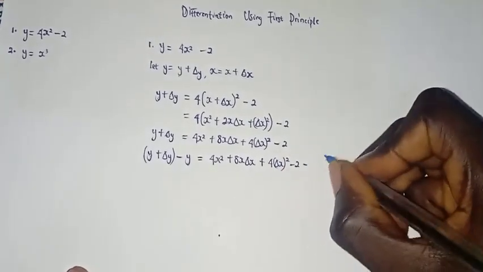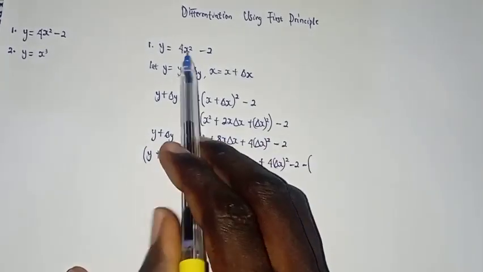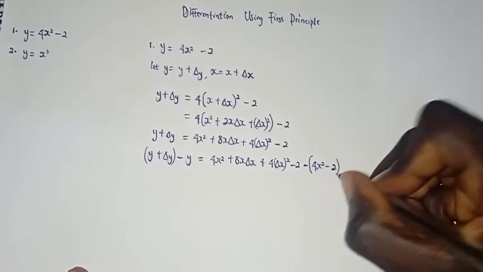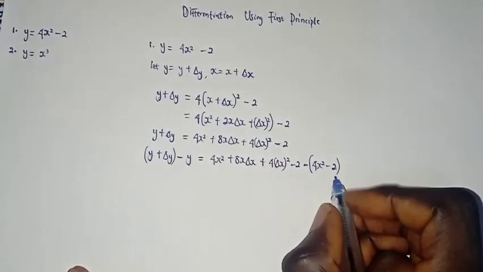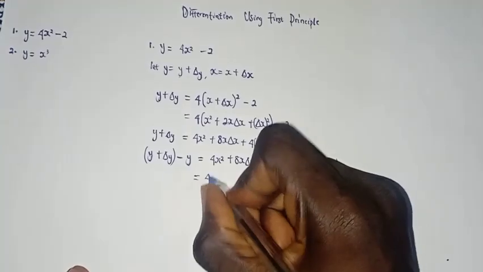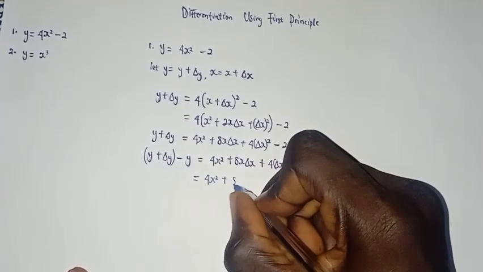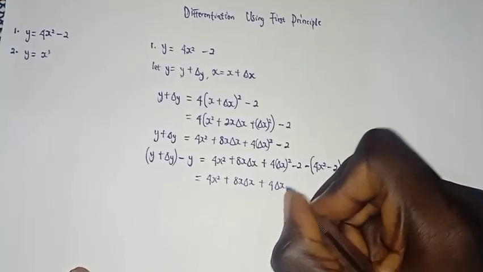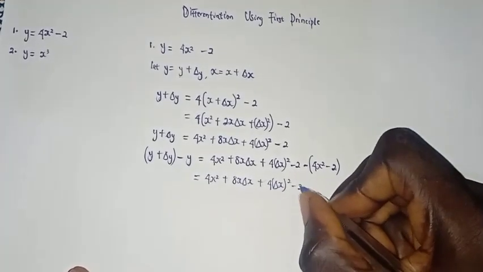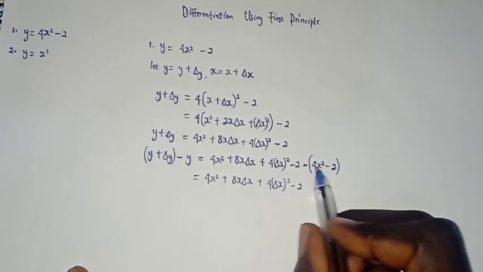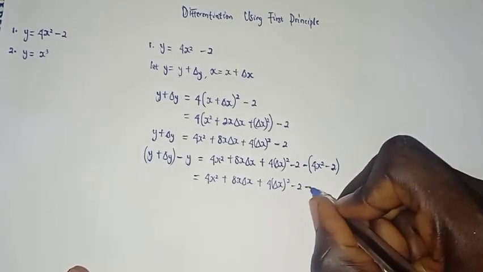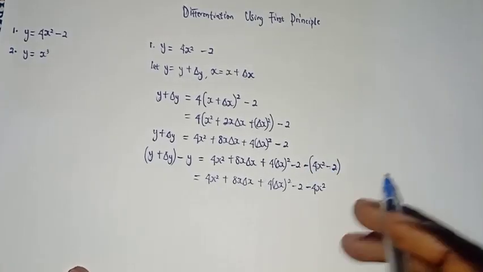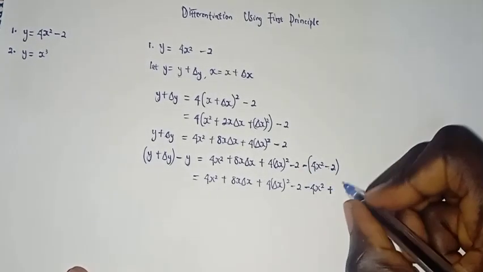And then minus y, which is 4x squared minus 2. And then if we open this bracket, this becomes 4x squared plus 8x delta x plus 4 delta x all squared minus 2, minus multiplied by 4x squared, we have minus 4x squared, and then minus multiplied by minus 2, we have a positive plus 2.